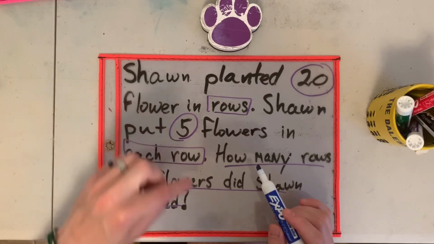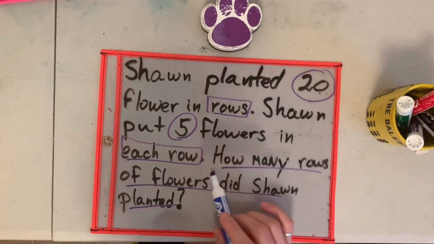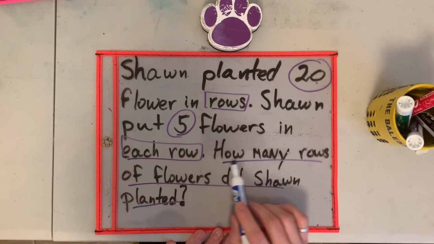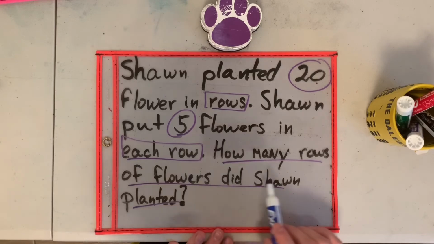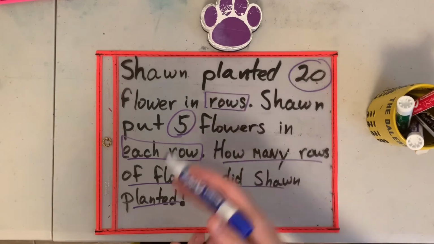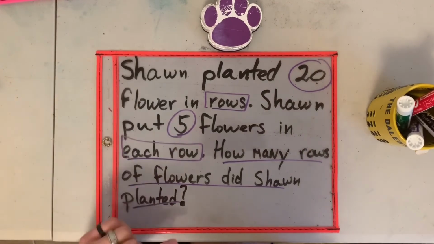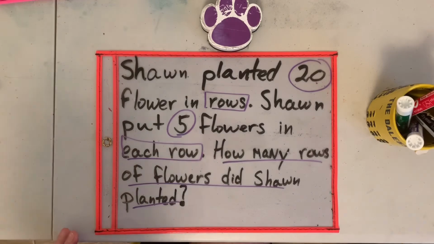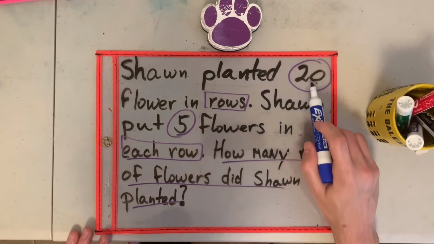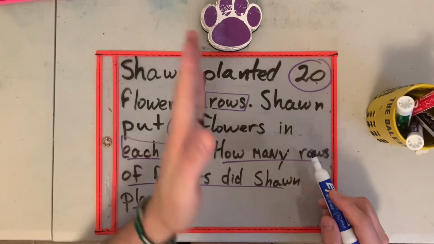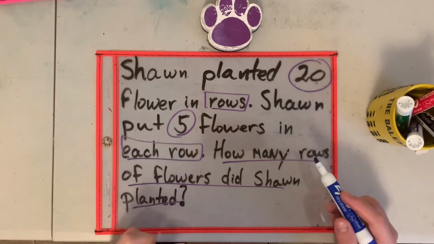Now there are 5 flowers on each row. So the question is, how many rows of flowers did Sean plant? ¿Cuántas filas de flores creó Sean? Recuerda que cada fila tiene 5 flores. Si tienes todas las filas juntas, todas te van a dar 20, pero cada una es 5 flores.